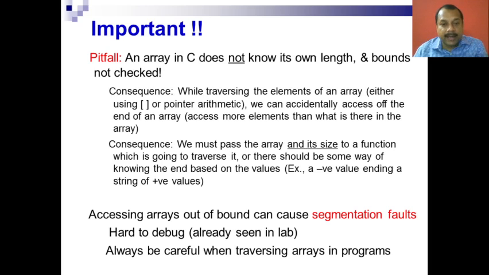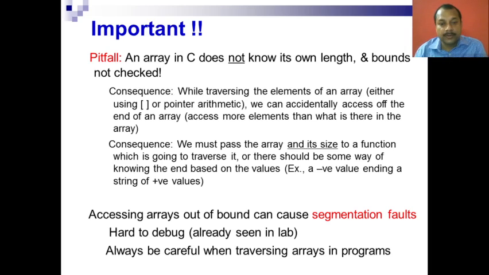Now accessing arrays out of bound can cause a segmentation fault, and this will appear when you run or execute your program, with or without any output. I mean, it will not give any other error message, or it will execute some part of your program and then write segmentation fault, or it will write just segmentation fault.